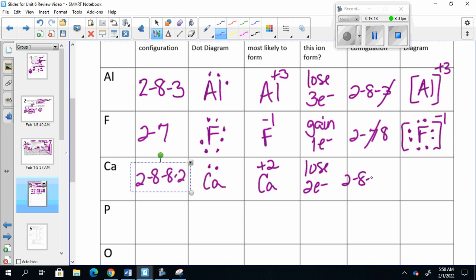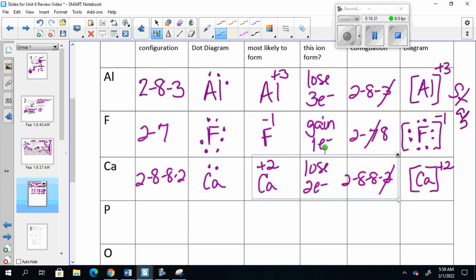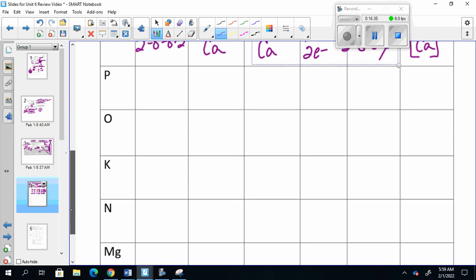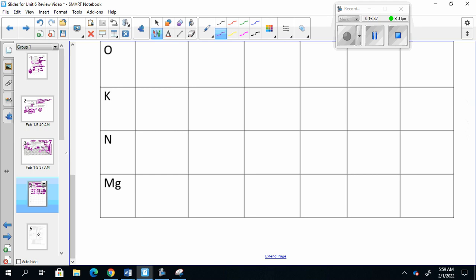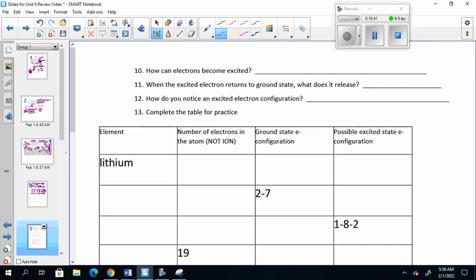So 2-8-8-2, lose those ones, which means it has no dots, brackets, and a +2 charge. So each of these are now stable because they've met our octet rule. So go through, do the rest of that practice, pause the video, and restart it when you're ready.